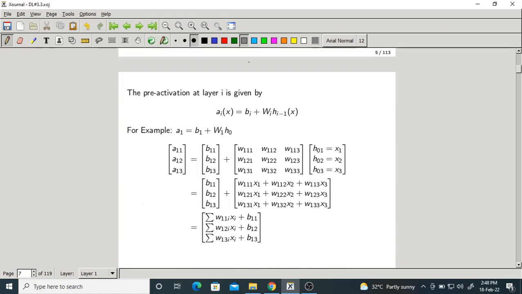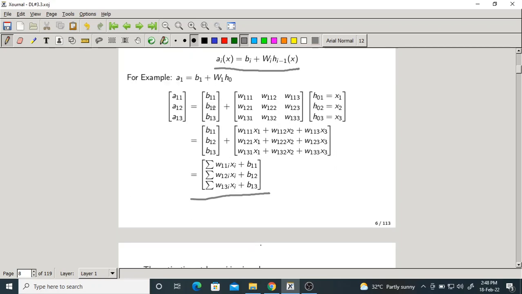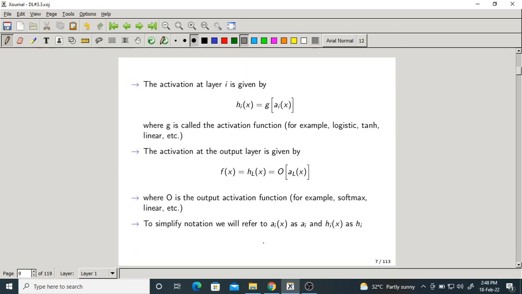Now how do we find the pre-activation? This is how we find it. This is an example. As I told you, we have the activation layer, that is h equal to g of ai. g is called the activation function.